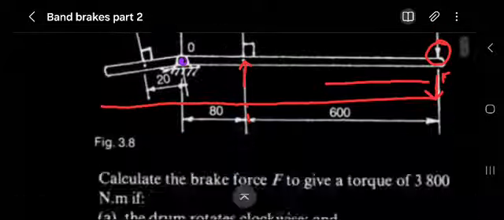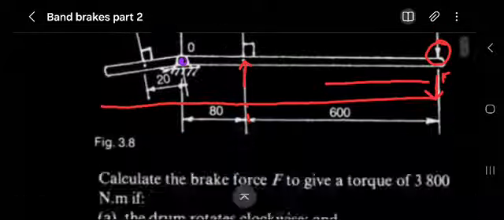If we punch this, we get 2.79. This is T1 over T2. Therefore T1 will be equal to 2.79 multiplied by T2. This is simply the ratio.